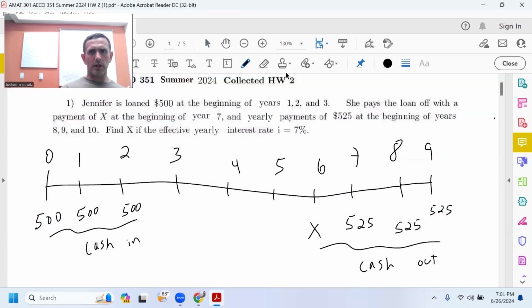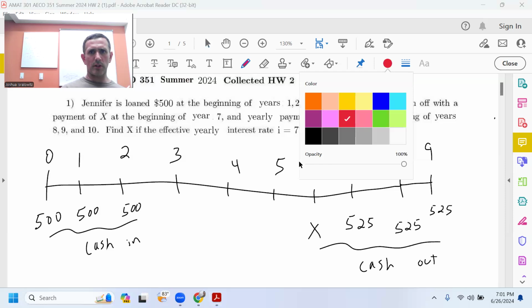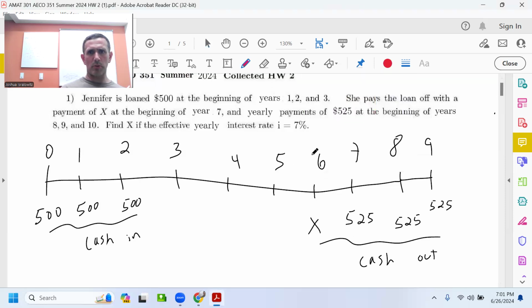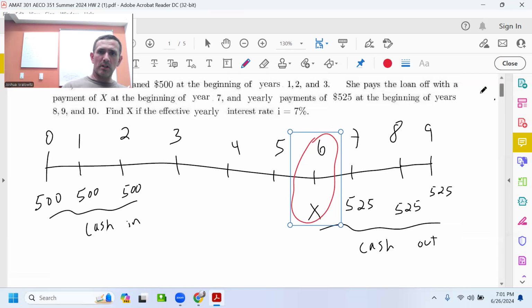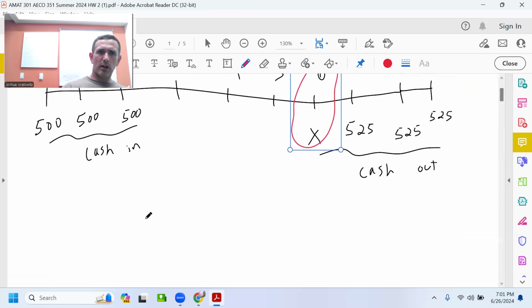I think it's just easiest to time value it where you have the unknown. If you have multiple unknowns, just do it at either one. Alternatively, you could take the present value of everything. That's kind of what most people do. No harm there. I'll do it both ways.